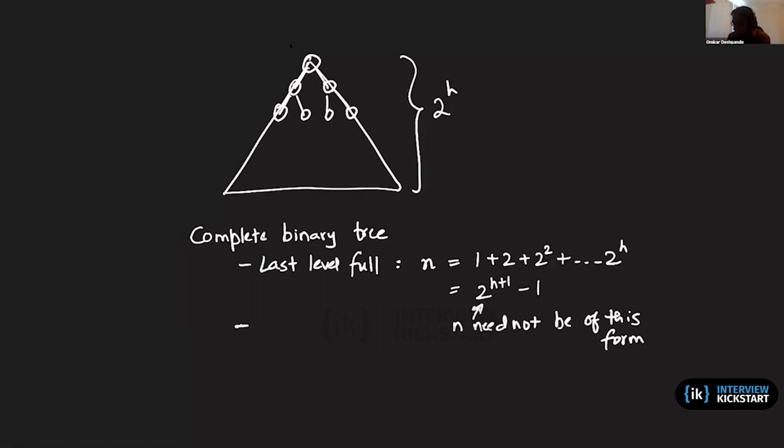So in a complete binary tree, what we have is everything up to the last level, the internal nodes, all of these are full. And then the last level is partially filled from the left end. Whatever nodes there are in the last level, they're all packed on the extreme left.